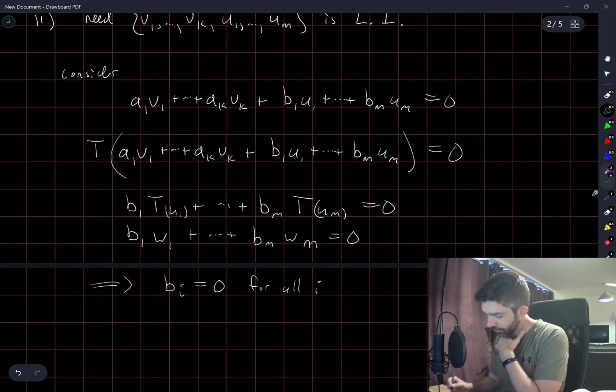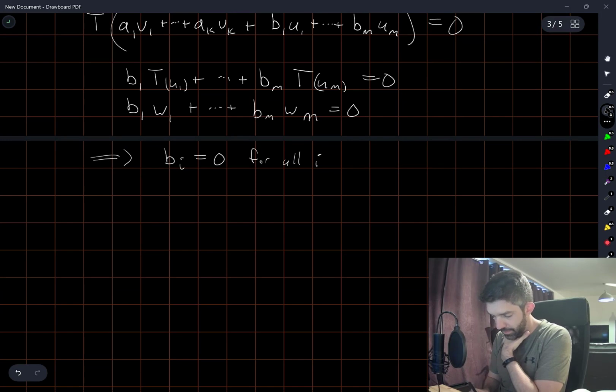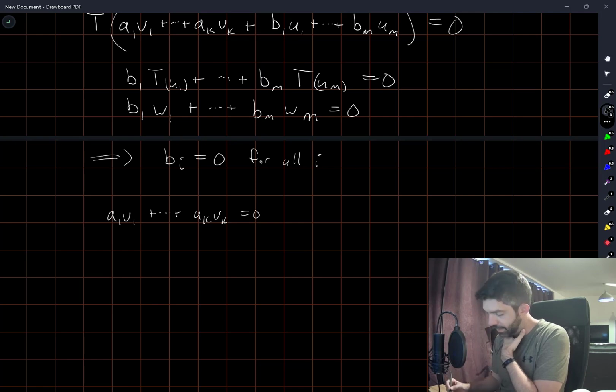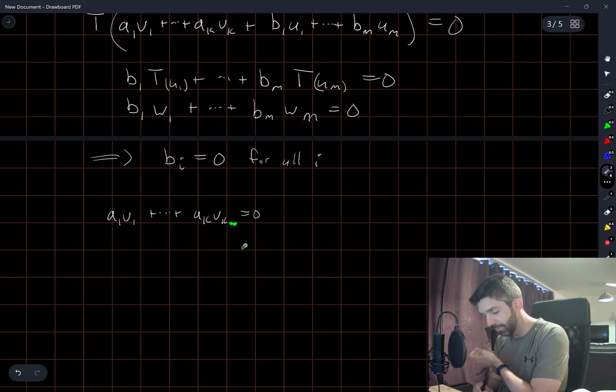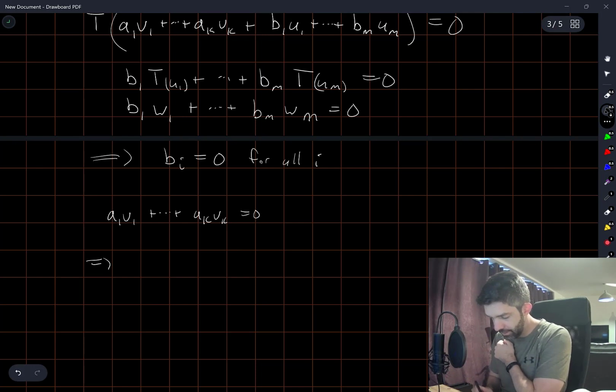And so now we know also that the sum of A1 V1 up to AK VK is equal to 0. But the V's are also assumed to be linearly independent because the V's are a basis of the kernel. And so once again, I have that AI is equal to 0 for all I.